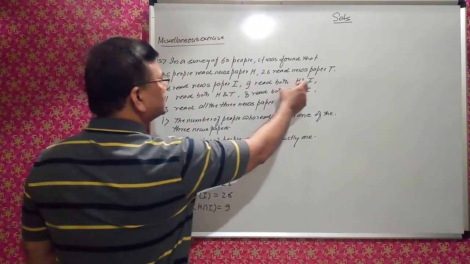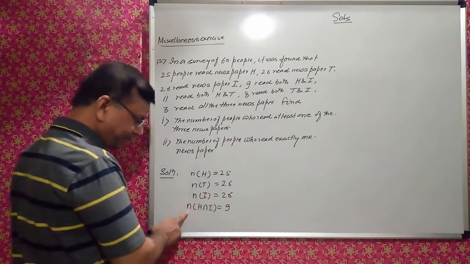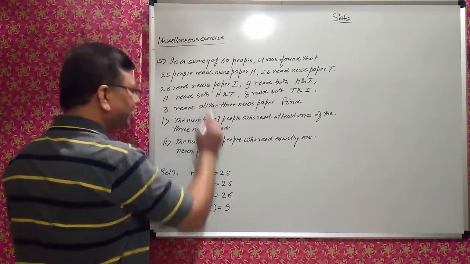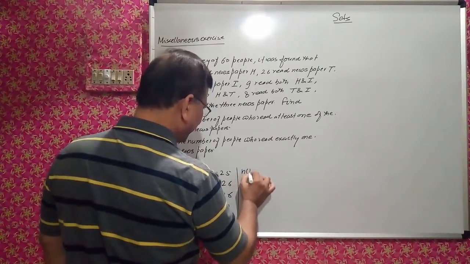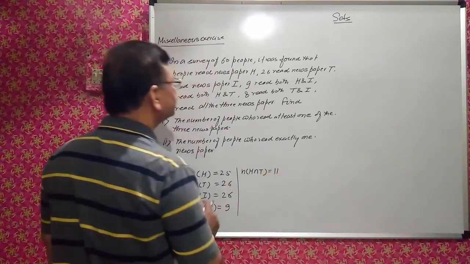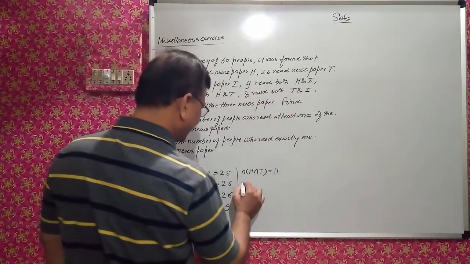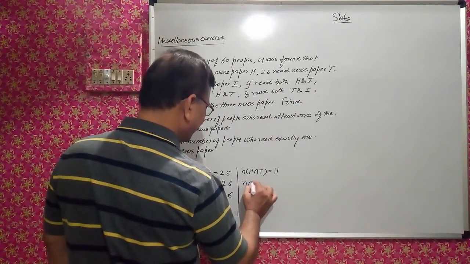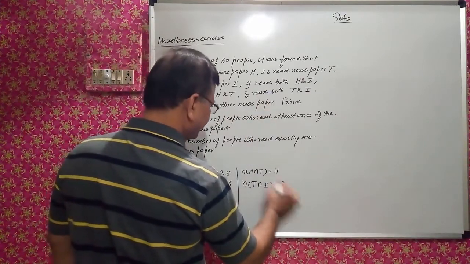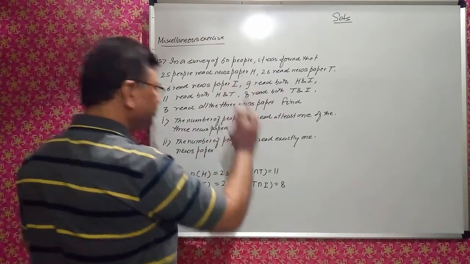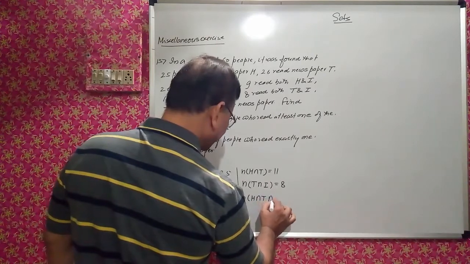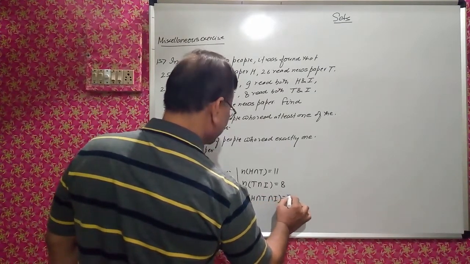So reading both H and I is 9. 11 read both H and T. So we will write N(H intersection T) is equal to how much? 11. 8 read both T and I. Again N(T intersection I) is equal to how much? 8. 3 read all the 3 newspapers. So I will write N(H intersection T intersection I) is equal to 3.